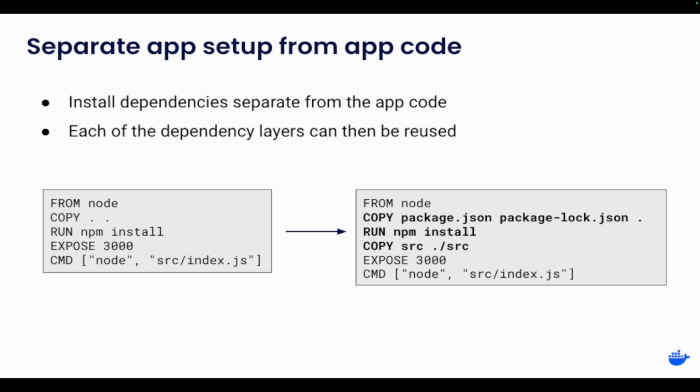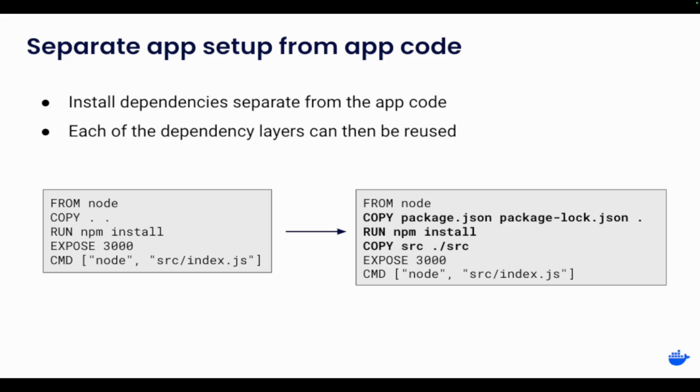So if we look at the example on the left here, we have FROM node, we're copying everything from the current directory into that particular image. We're running npm install, we're exposing a port, and we're setting the entry point. Now, if you look at this, what that means is that any change you make, any source code change or anything, is going to invalidate the cache in the second step, which means that npm install is always going to have to execute every single time.